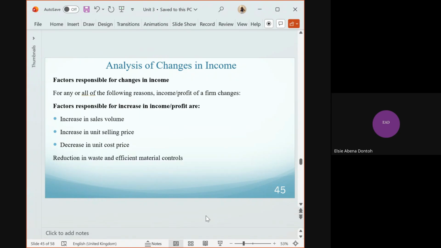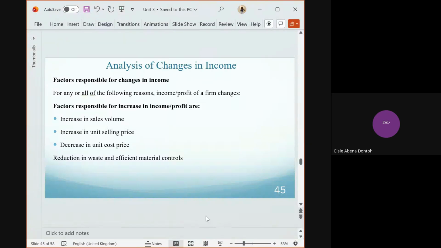Analysis of changes in income. Factors responsible for changes in income. For all or any of the following reasons, income of the firm can change.